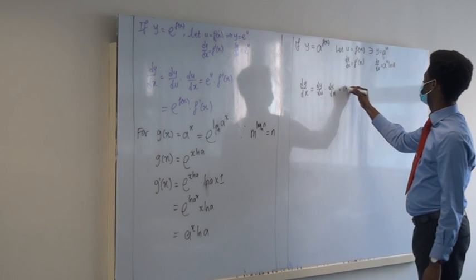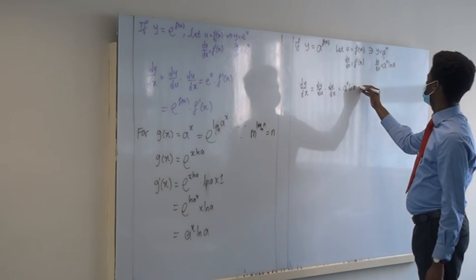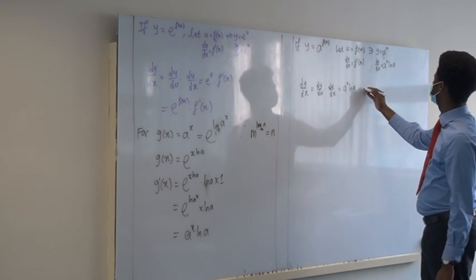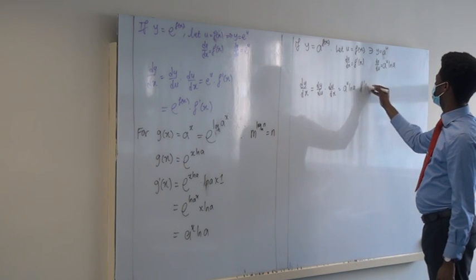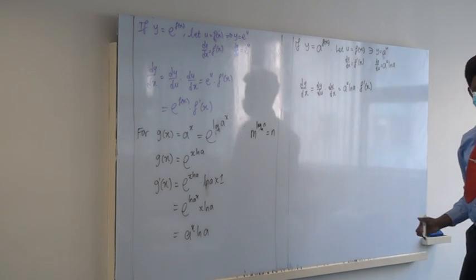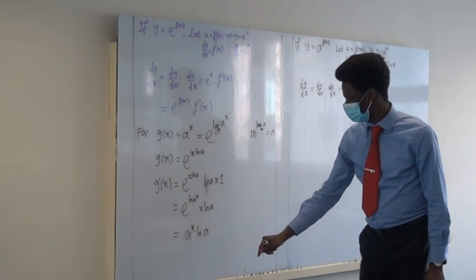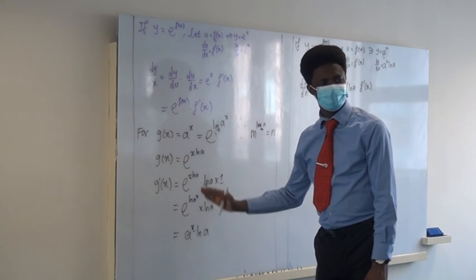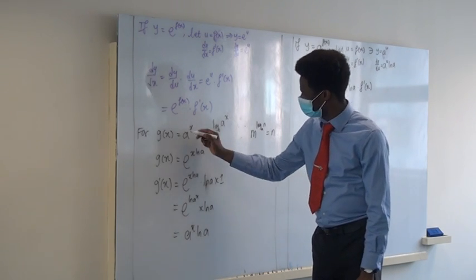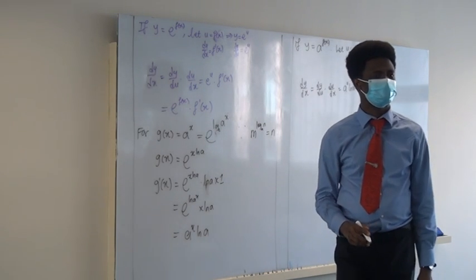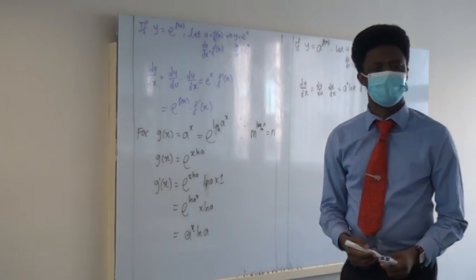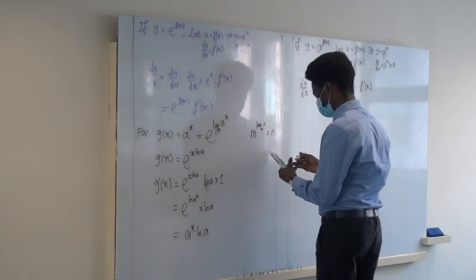So dy du is a to power u ln a times what? F prime of x. So what does that mean? It's just an extension. So it means when you copy and paste, you take the natural log, then you find the derivative of the power. Does that make sense? So in summary, we have the following.